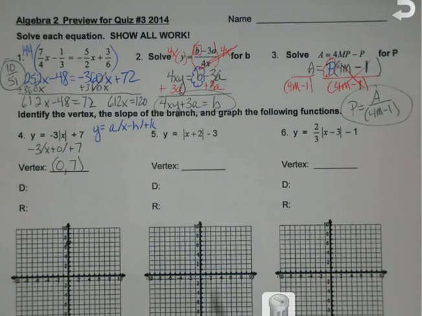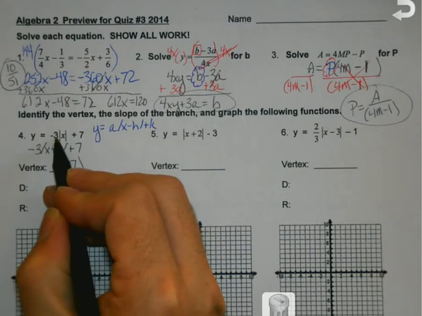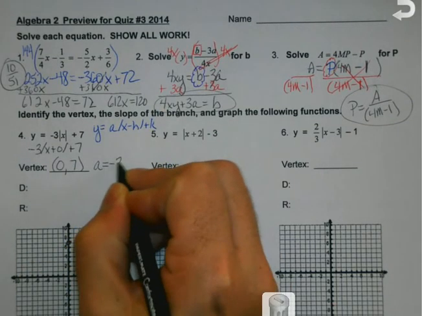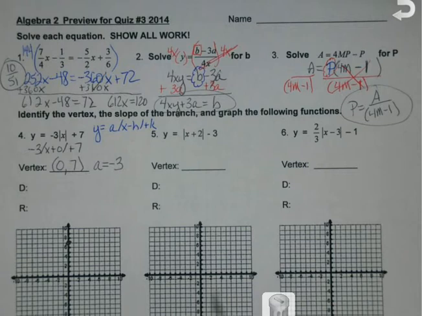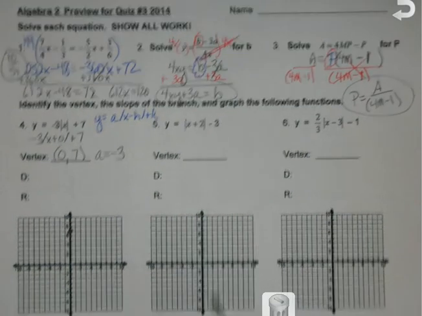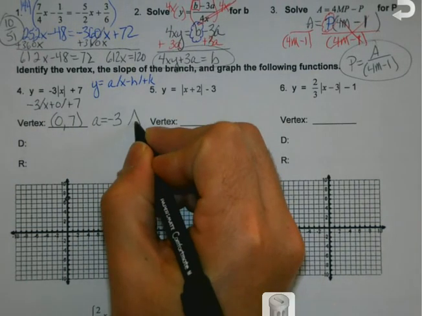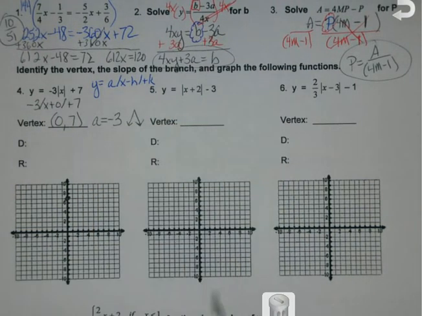Once I have that, the slope of the branch is just whatever my value is in front of my absolute value. So my a is negative 3. And again, what's that mean? Well, basically, what that means is that it's going to open downward.